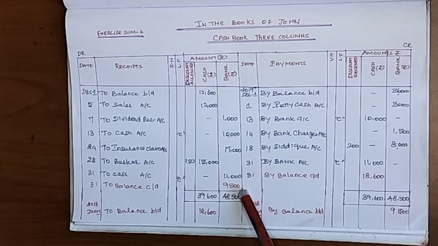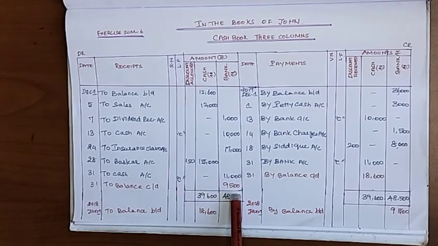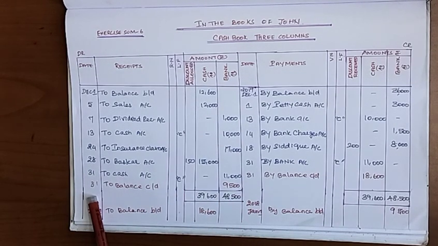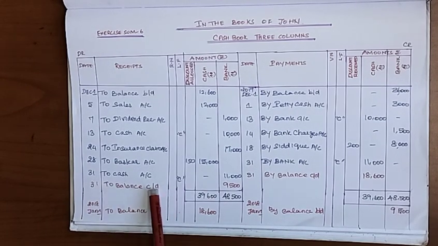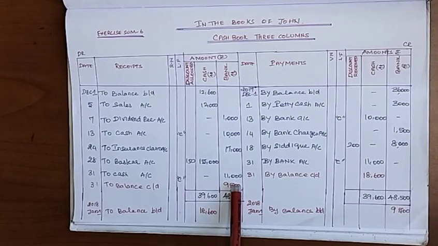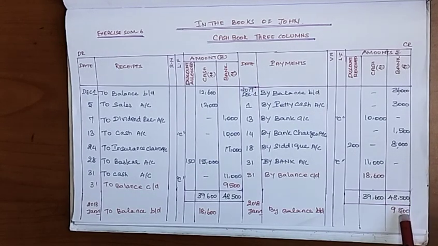Then "To balance carried on" is entered against this difference, and in the date column the last day of the accounting period is entered, that is December 31. This is the closing balance. Balance carried on means this is the closing balance of the bank. Then we bring down that amount to the opposite side, entering the difference amount below the total.